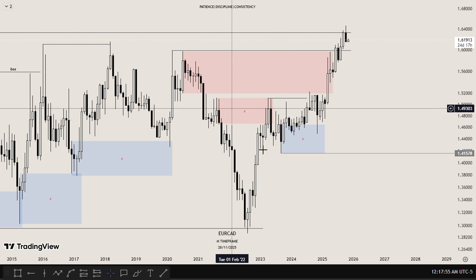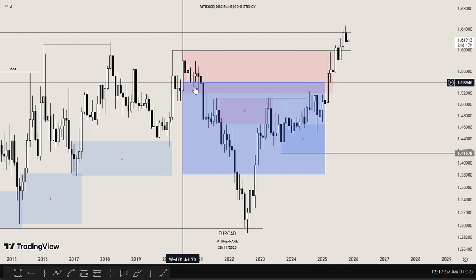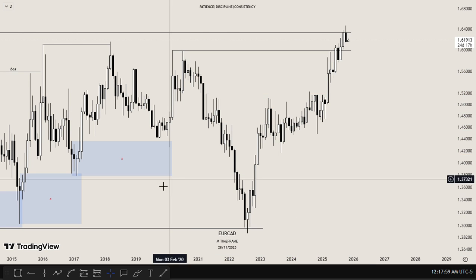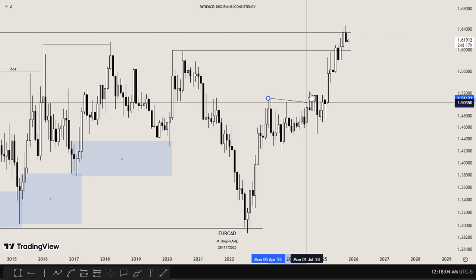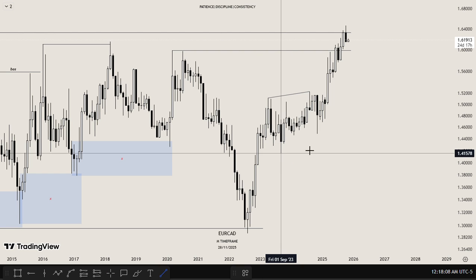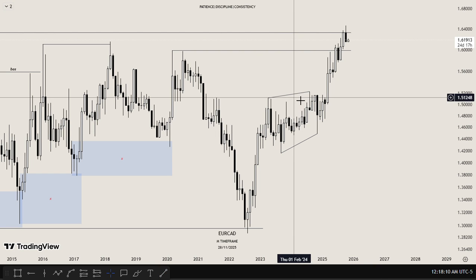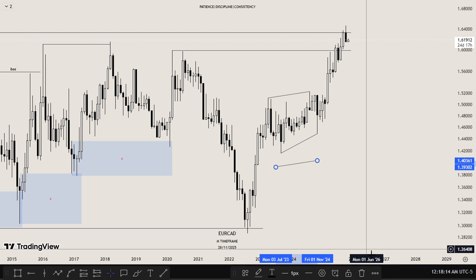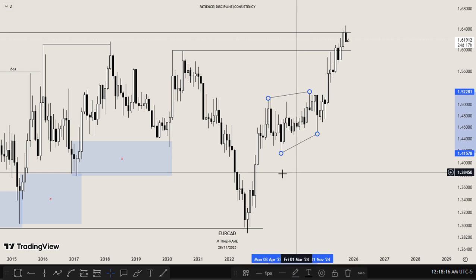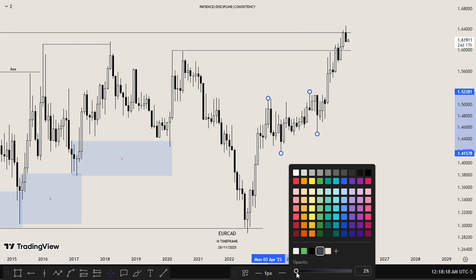So all, as the market was moving up, it engineered liquidity. And where is this engineered liquidity? We have this liquidity, and also have this. So these are trendline liquidity. These are our trendline liquidity.